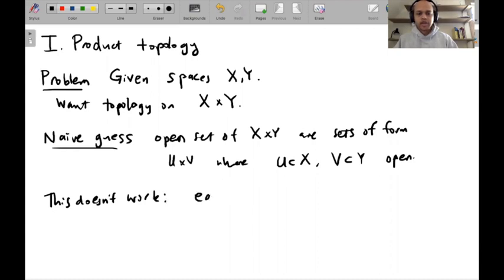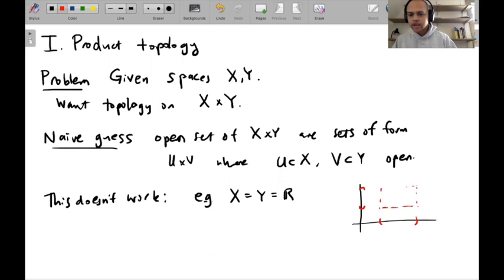So maybe the easiest way to see that is to consider X and Y both equal to R. So in this case, we're saying open sets are products of open sets, so open rectangles. So the problem is that with this definition of open sets, open sets aren't necessarily closed under union.